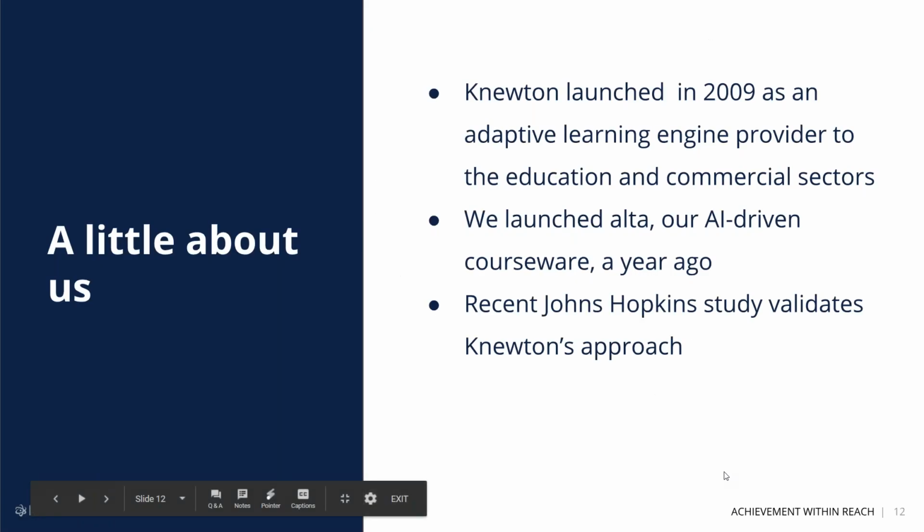Thank you. Knewton has been around for about 10 years as an adaptive learning engine. And only a little over a year ago, we decided to launch Alta, which is our product, so that we can partner with faculty for courseware, as Sharon mentioned. And we wanted to make sure that this was not only affordable, but high quality.